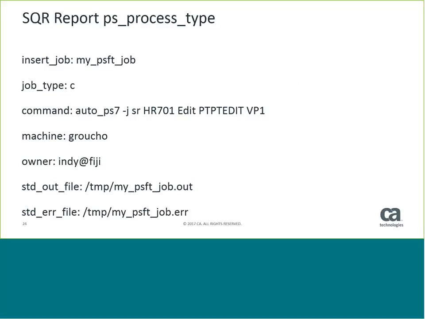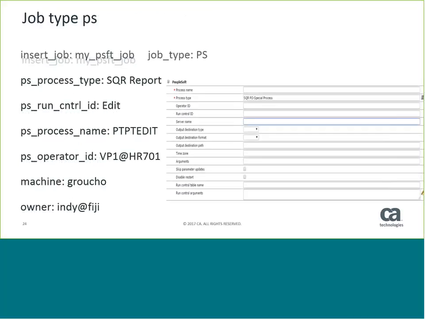So here's my sample PeopleSoft. This is a PS process type, a PeopleSoft process job. My command, my job type here, SR, parameters, machine, owner, translates to insert a PeopleSoft job. It's an SQR report. Here's my control ID, my process name, my operator.